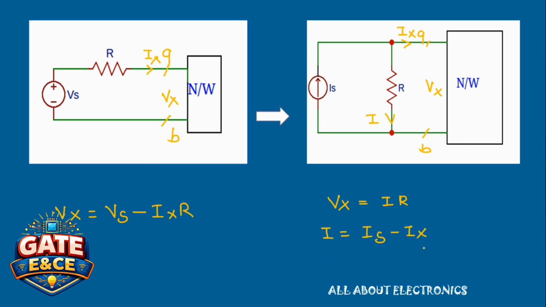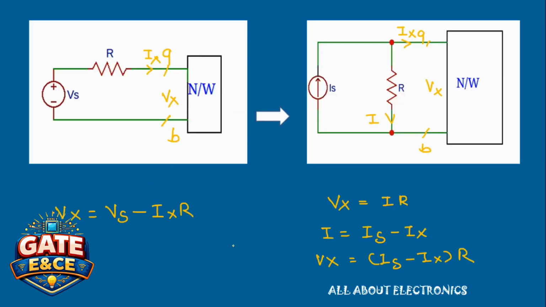So we can write Vx as Is minus Ix into R, that is, Vx is equal to Is into R minus Ix into R.